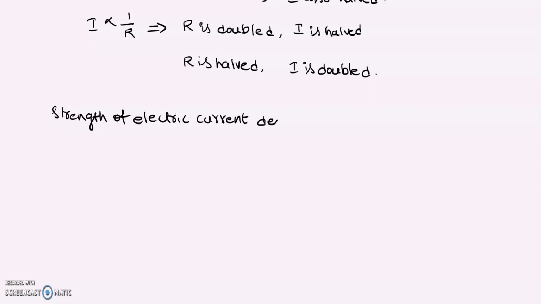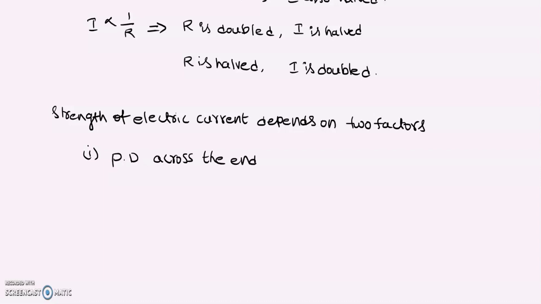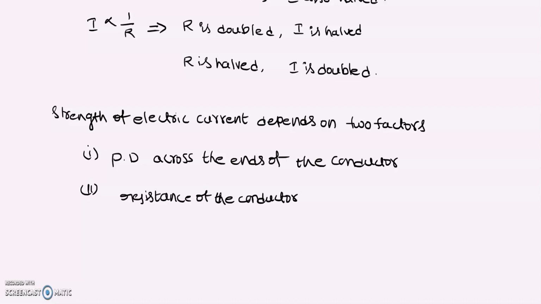First one, the potential difference across the ends of the conductor. Second one, the resistance of the conductor.